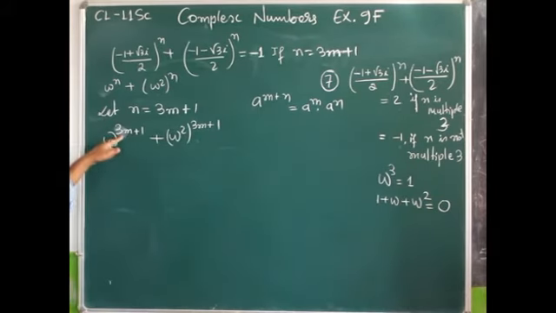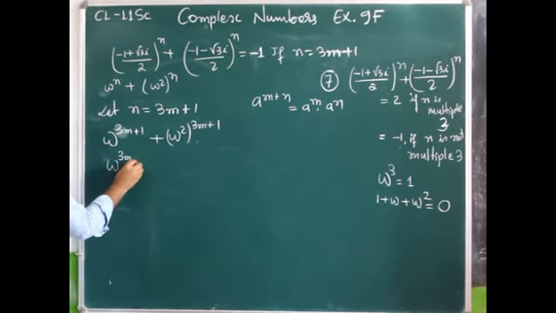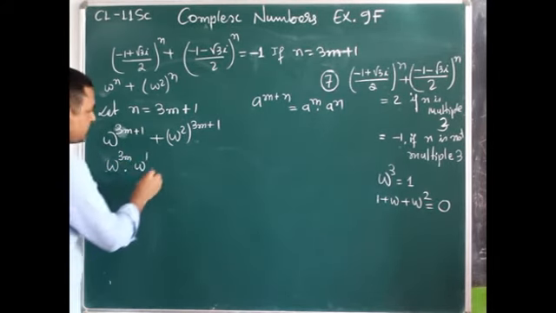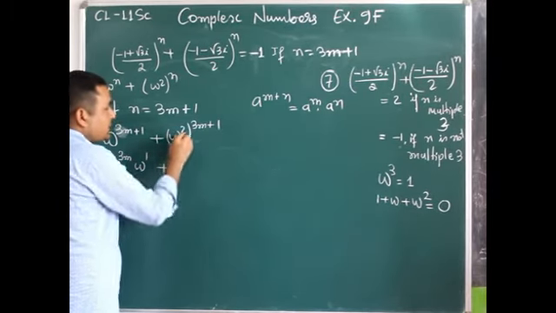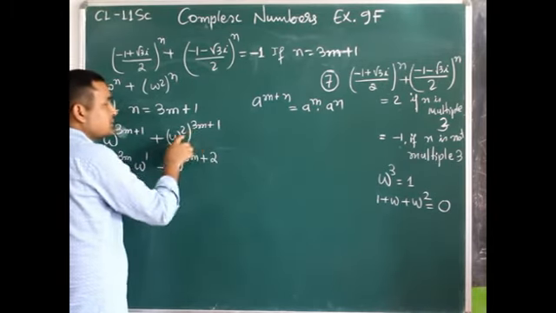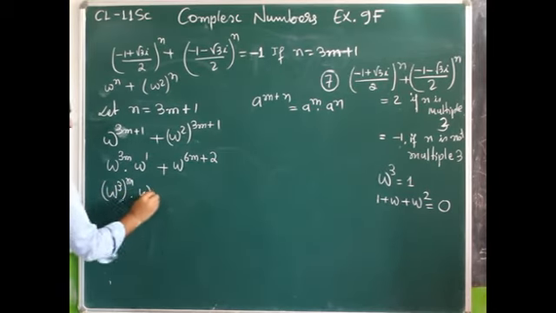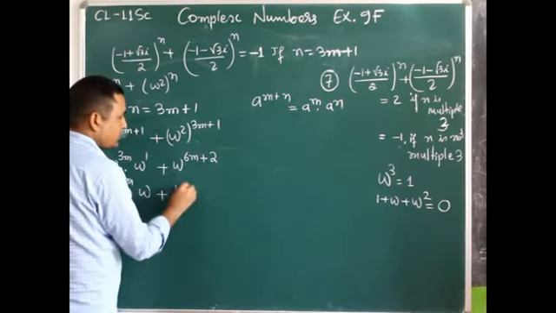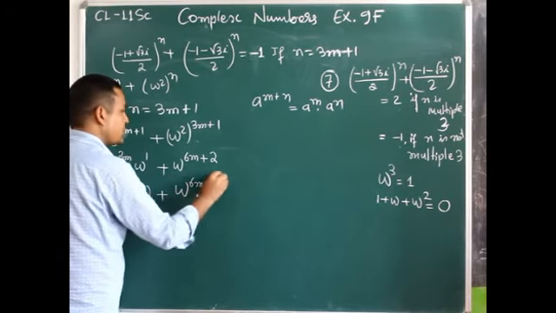The same property we apply here: omega to the power 3m times omega to the power 1, plus omega to the power 6m plus 2, that is omega to the power 6m times omega squared. Now omega cube to the power m times omega, plus omega to the power 6m times omega squared.